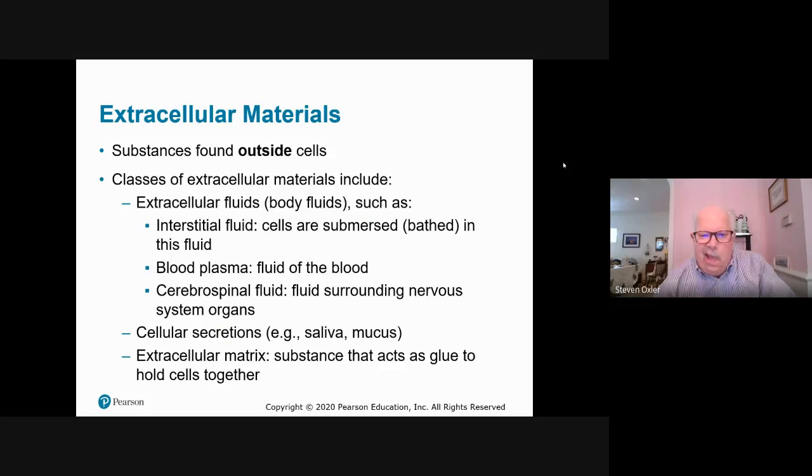Blood plasma is the fluid that the blood cells swim in. Cerebrospinal fluid is the fluid that surrounds the nervous system. Cellular secretions include mucus and saliva, and basically this forms a matrix. This extracellular matrix is the glue that holds all cells together.